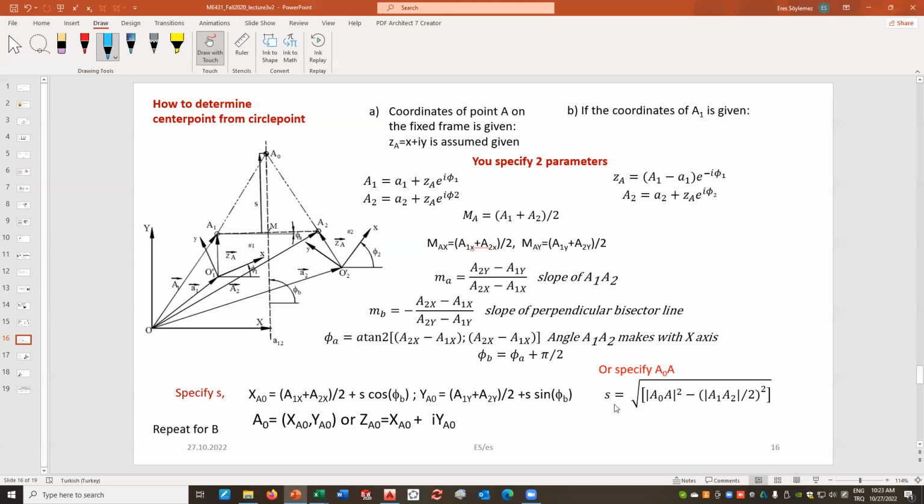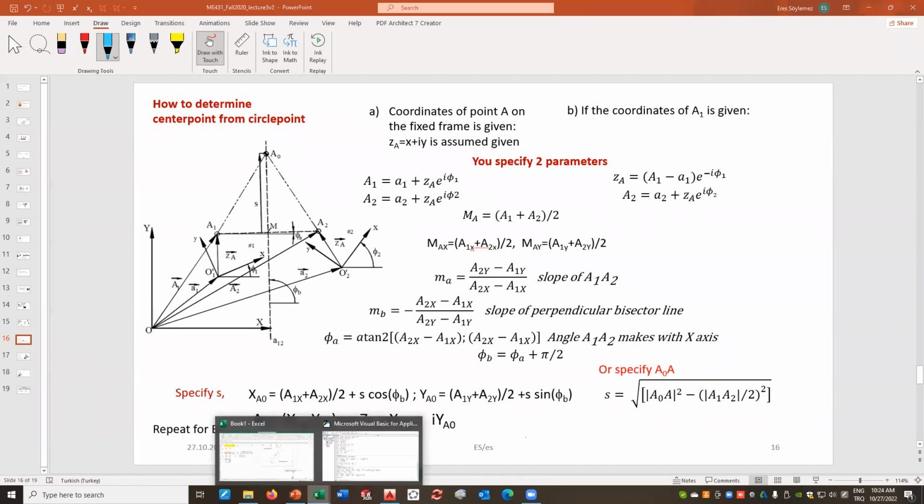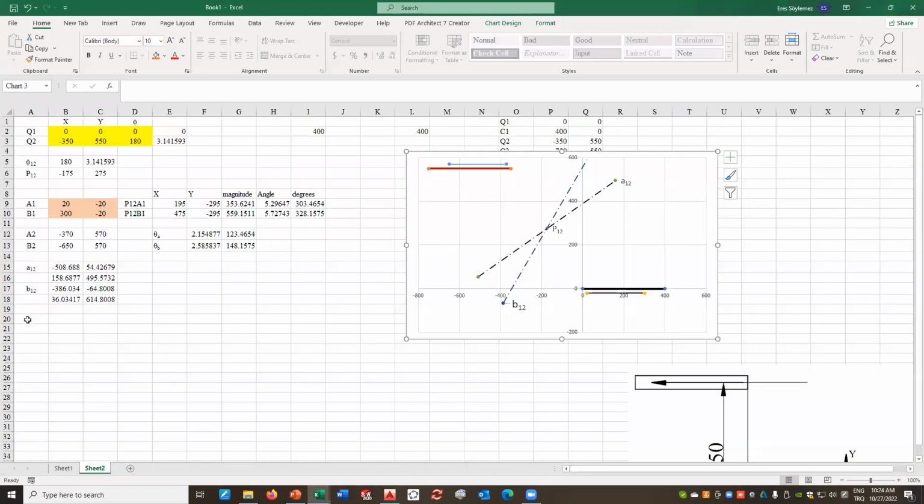So I can determine S, and from S, I can determine A0. Now, I will use this condition. I will select the A0A length as my free parameter.